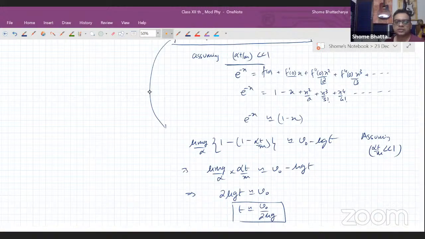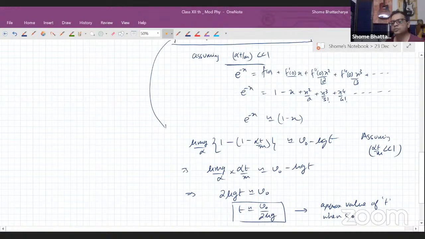Then you can see the displacement of this one with respect to the plank, and then you can solve it. This is the approximate value of time when slipping between the block and plank stops.